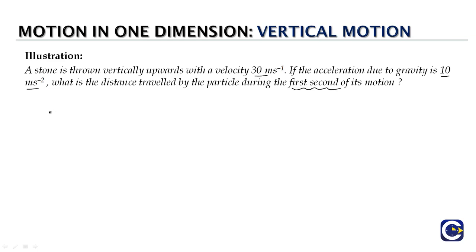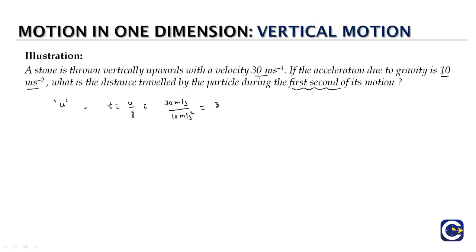We will first try to find, because we already have a result, if you throw an object vertically upwards with a velocity u, then the time it takes to reach the maximum height will be u by g, because this result we have seen in the derivations. So u value is 30 meters per second divided by g value, which we can take as 10 meters per second square.